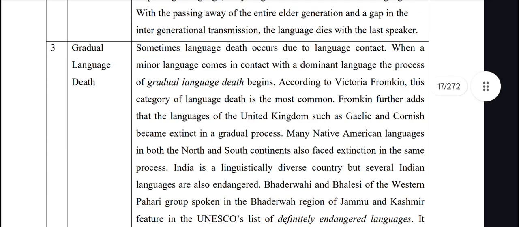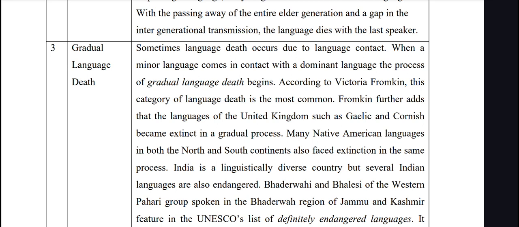Number 3, gradual language death. This occurs due to language contact, when a minor language comes in contact with a dominant language. The process of gradual language death begins. According to Victorian folk, this category of language death is the most common form.